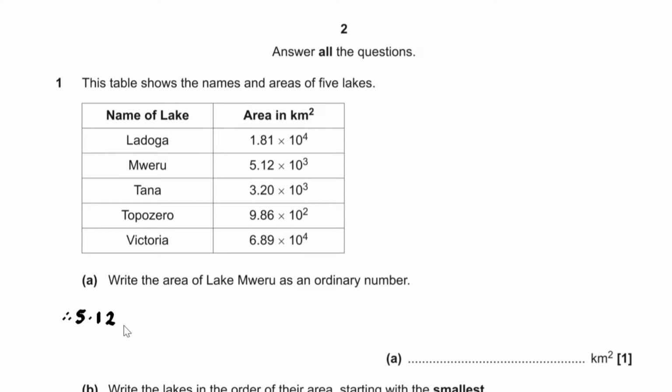We are multiplying 5.12 by 1000. The result of that calculation is equal to 5,120. So the area is 5,120.